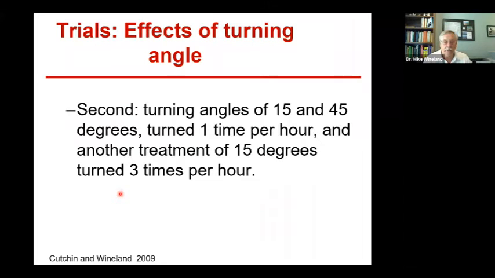She looked, in another trial, at a couple of different turning angles of 15 and 45, where she turned the eggs just once per hour. And then she had a third treatment where she turned 15 degrees, but she turned it 3 times per hour.